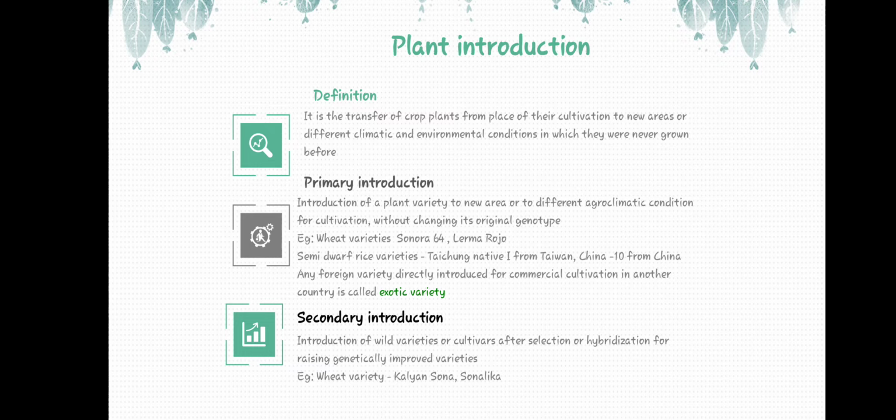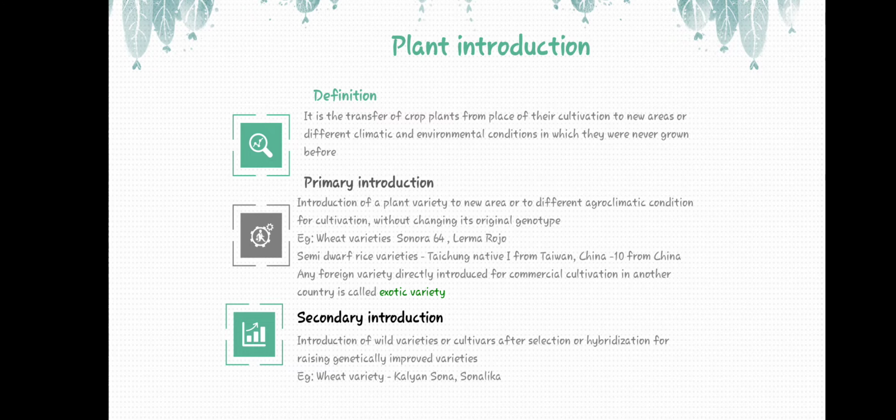So for example, if there is a crop somewhere in China or in Australia, we're going to bring that crop to our place. So that is called transfer of that crop plant from the place of their cultivation to a new area, and it can be of different climatic or environmental conditions also.